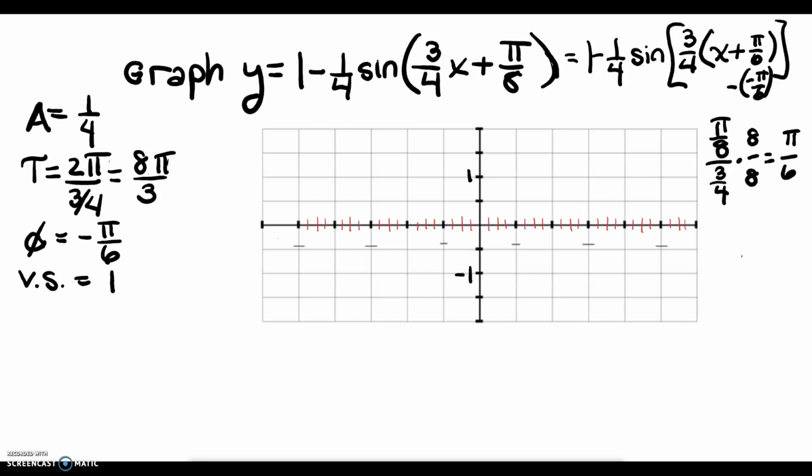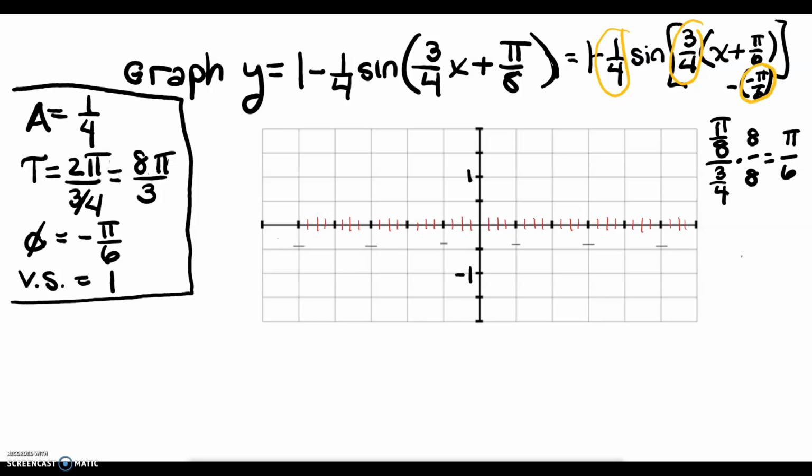So for convenience's sake, I went and calculated all of these values here. My amplitude is the absolute value of negative 1/4, because A is negative 1/4. It's the number in front of sine. My B value is 3/4, so I plug that into my calculation for my period, and I got 8 pi over 3.